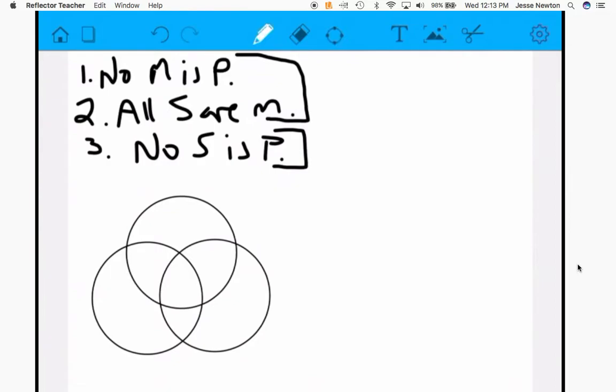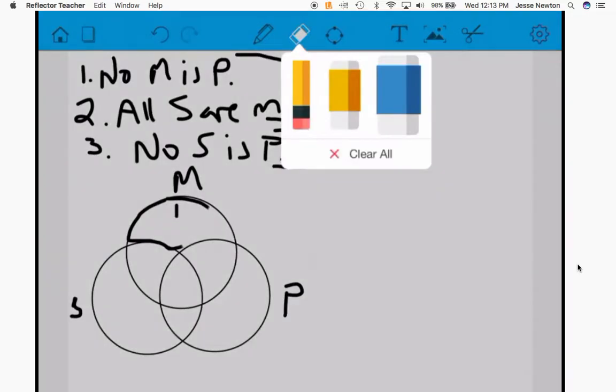And I'm going to just write out the letters here, S, P, M, and then we need to number the regions. I mean, we don't need to, but it does make things a little easier. Region 1, which you can see is basically all of this area right here. That's region 1.